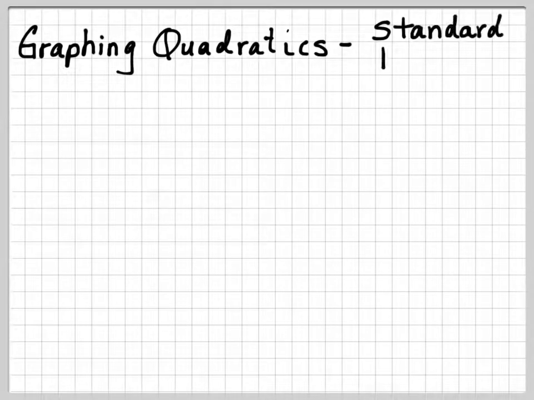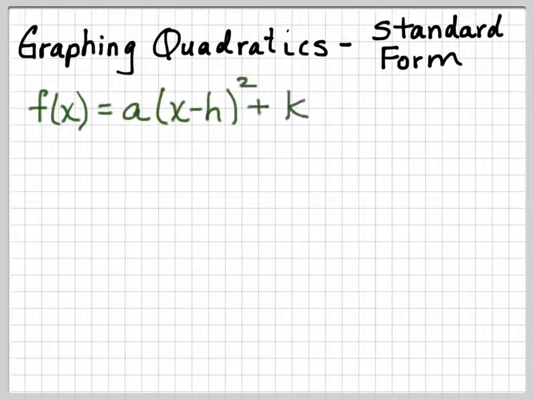If we want to graph a quadratic in standard form, and the standard form once again is f of x equals a times the quantity x minus h squared plus k, where (h, k) is the vertex, and a cannot equal 0. If a is 0, all of a sudden we just have a linear equation.